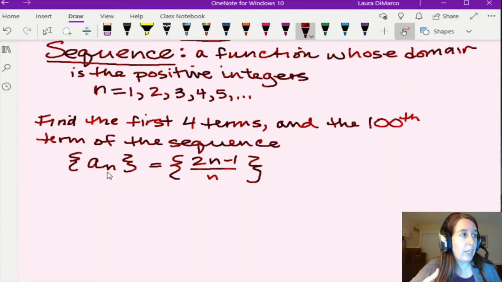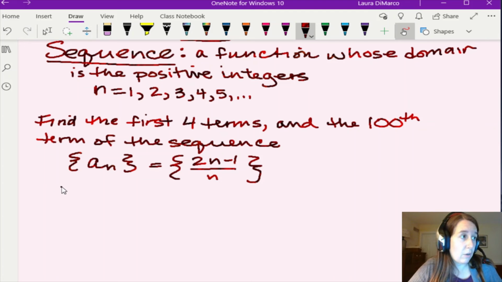So if we want to find the first term in the sequence, it would be a sub 1. That means it's the first term. We put in n equals 1 and we evaluate and get the number. A second thing is, to show that this is a sequence and not just a regular function, these brackets are sometimes used. So you're going to see that bracket notation.